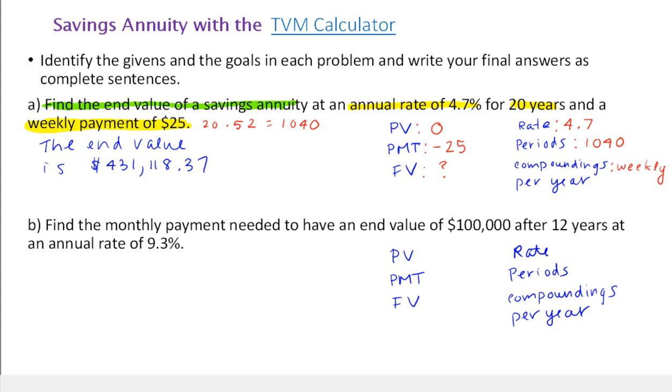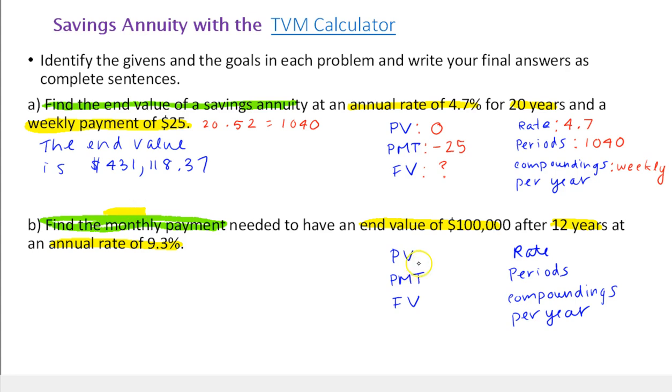In this question, we're asked to find the monthly payment. The last one was the end value, so this is the monthly payment needed to have an end value of $100,000 after 12 years at an annual rate of 9.3%. And the monthly part is sort of a given also. So let's fill in the information we need.